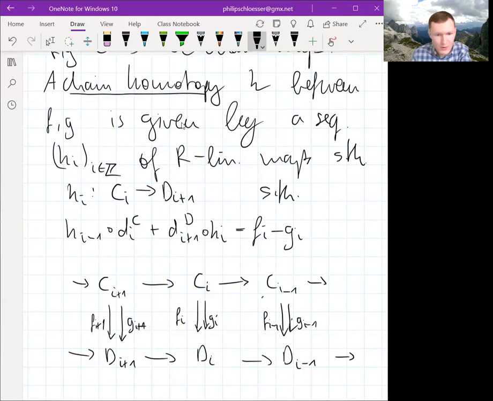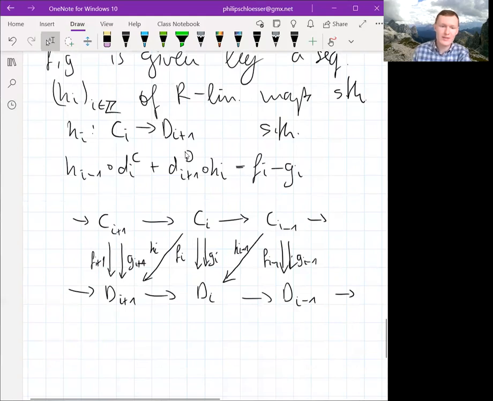And then we have those maps that go diagonally. We want those maps to be intertwined with all of those boundary operators, such that when we go along this path versus this path, the sum should be the difference of those two things here.